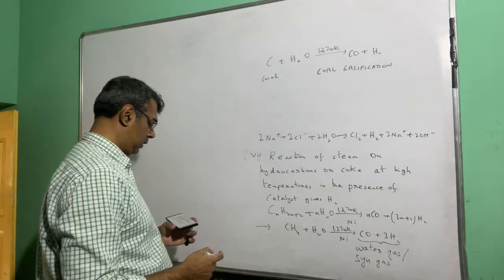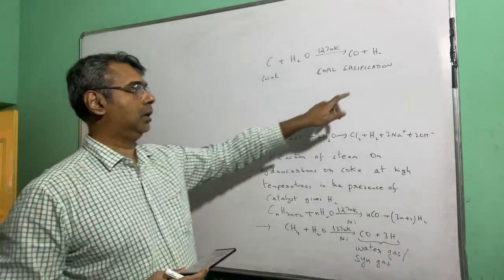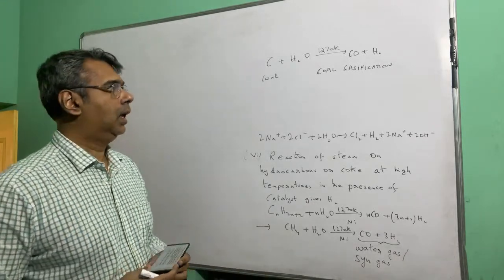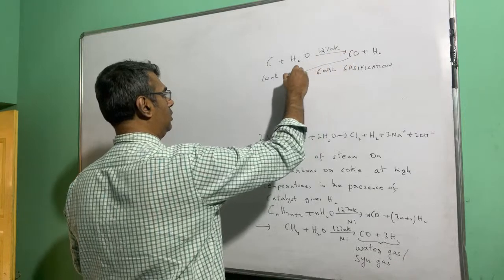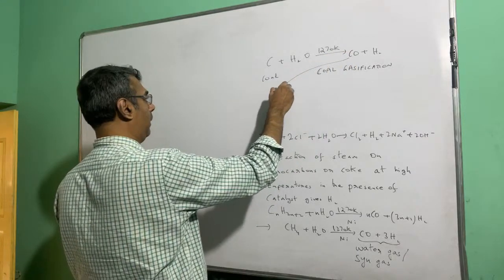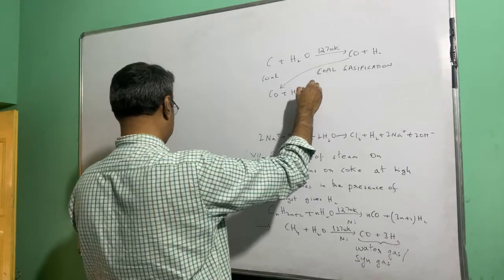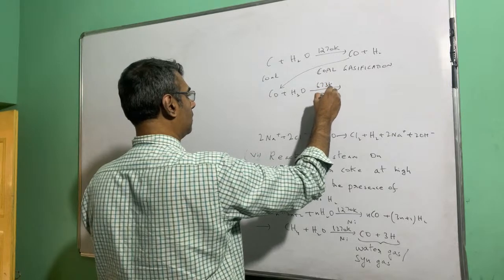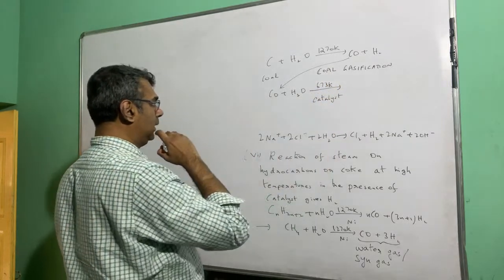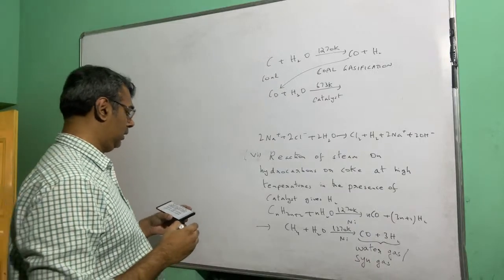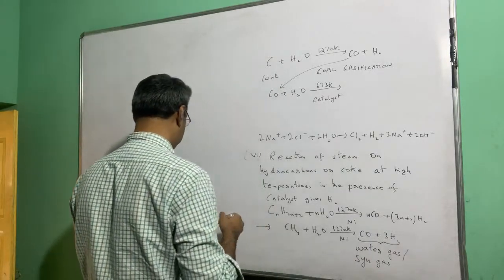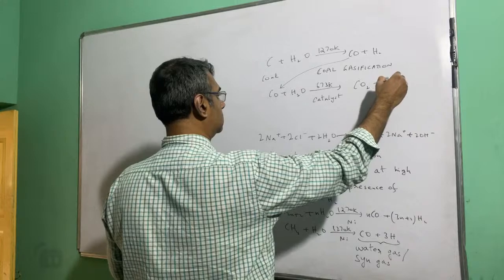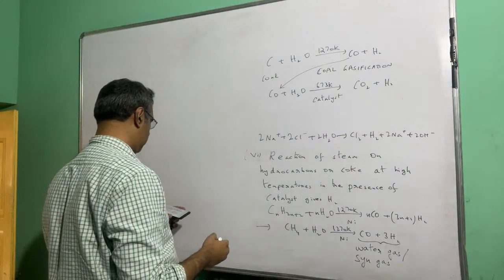Now, suppose by this method only you want more hydrogen. So what you have to do is take the carbon monoxide and react it with water at 673 Kelvin in presence of catalyst to give CO2 plus H2.